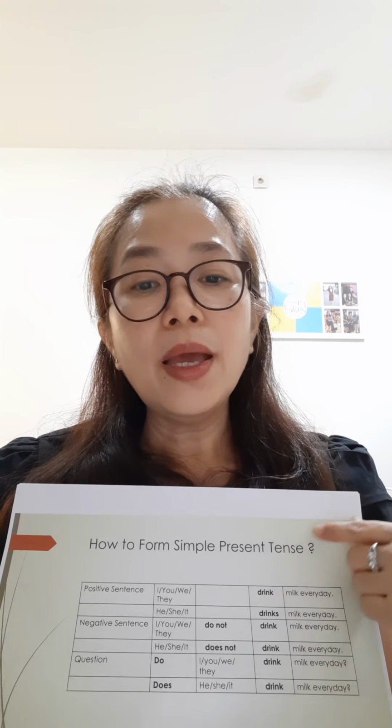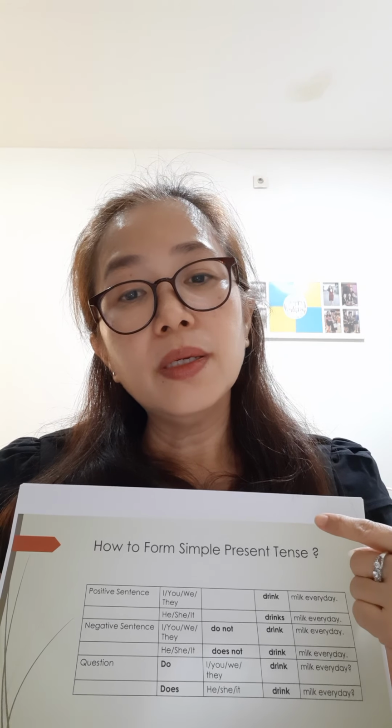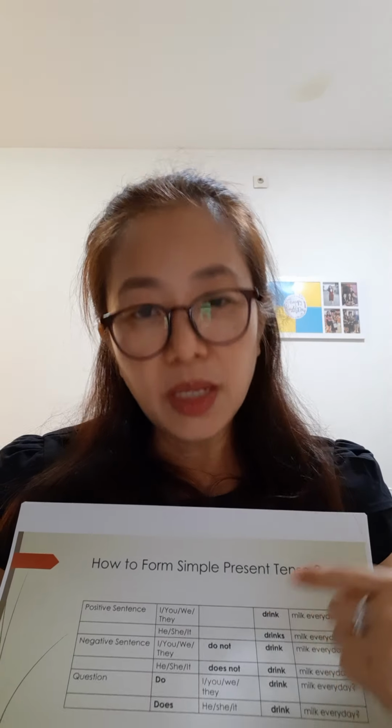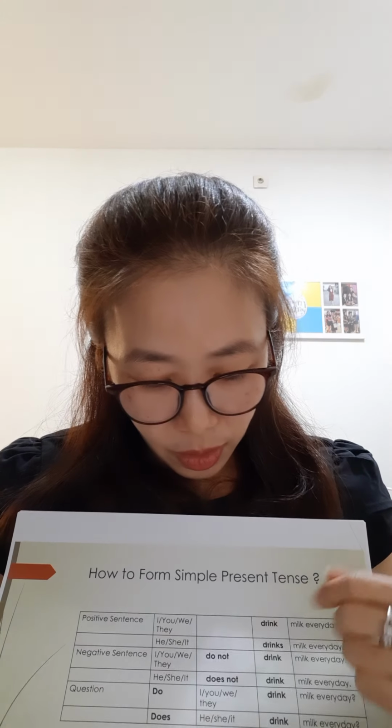And then when you want to make a negative sentence, you must put an auxiliary. The auxiliary of simple present tense is do or does. That is called the auxiliary. You have to put these auxiliary verbs when you make a negative sentence.